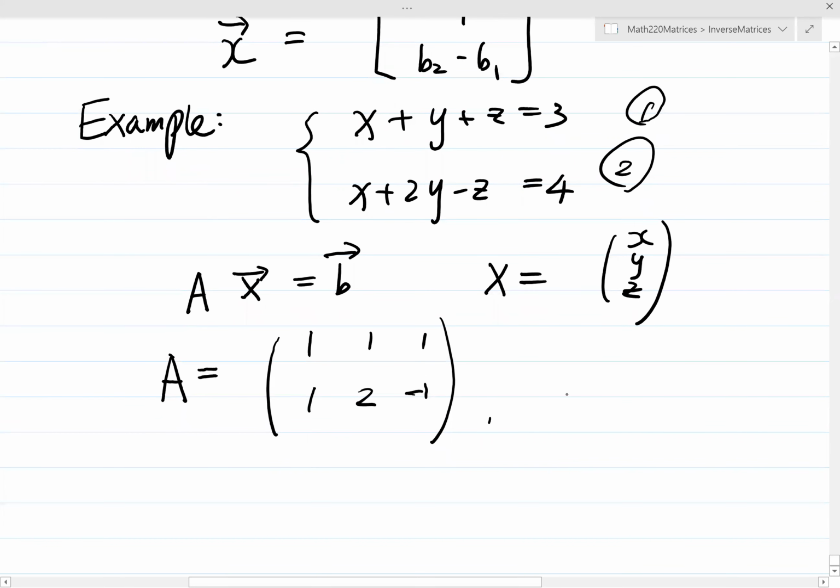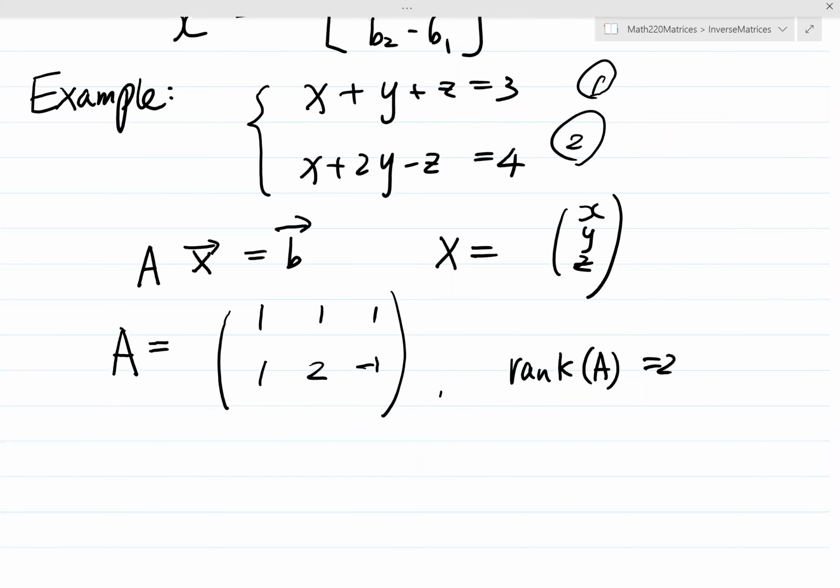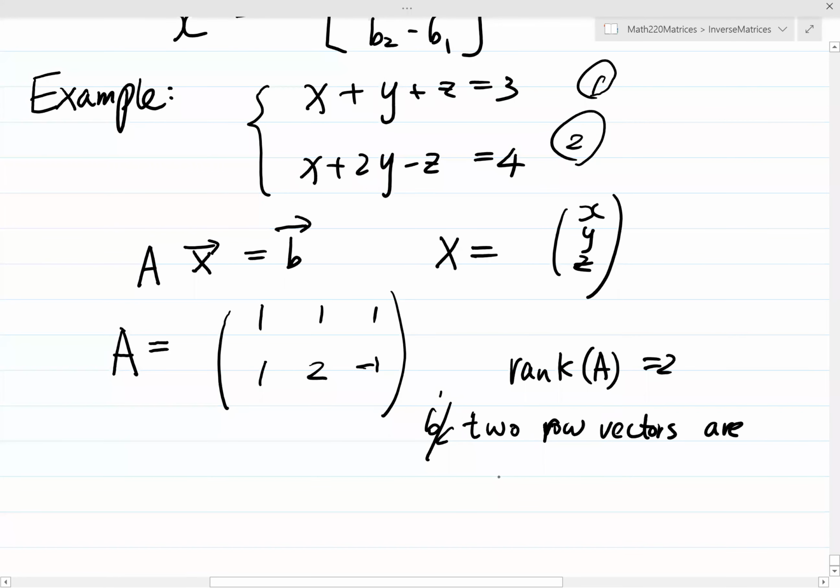So A has rank 2, because the 2 row vectors are linearly independent. They span a plane. So the space that is spanned is a plane which is dimension 2. So rank A is 2.